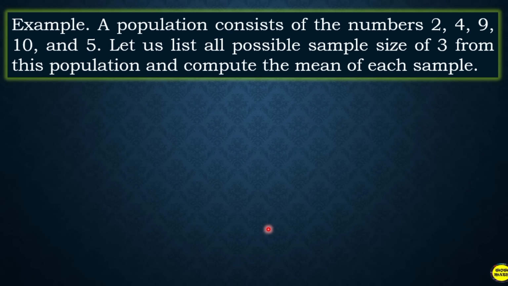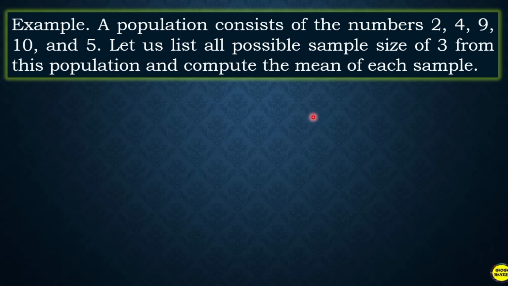For example, a population consists of the numbers 2, 4, 9, 10, and 5. Let us list all possible samples of size 3 from this population and compute the mean of each sample.